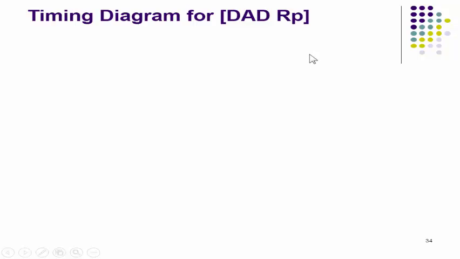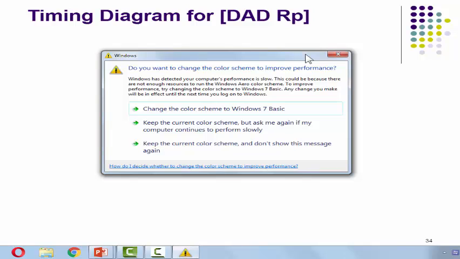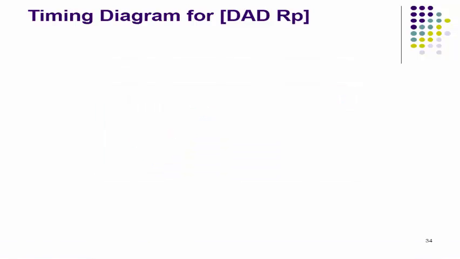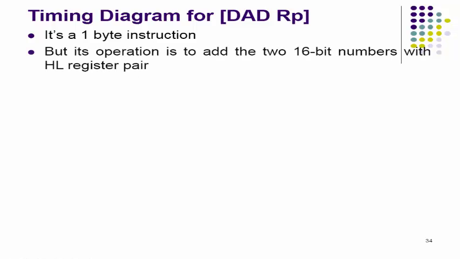We know very well that the 8085 is an 8-bit microprocessor, but this instruction is going to perform 16-bit addition, so the processor requires more time to perform the operation. So the execution time is somewhat more during the execution of this DAD RP instruction.